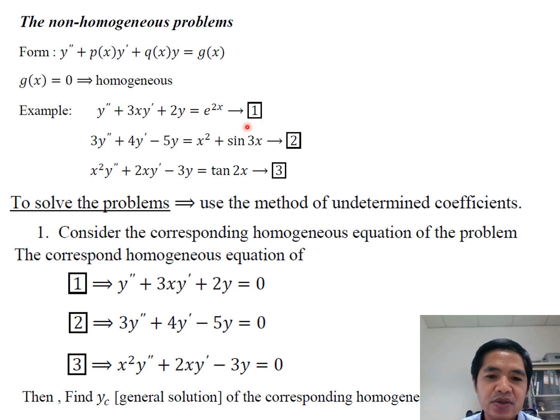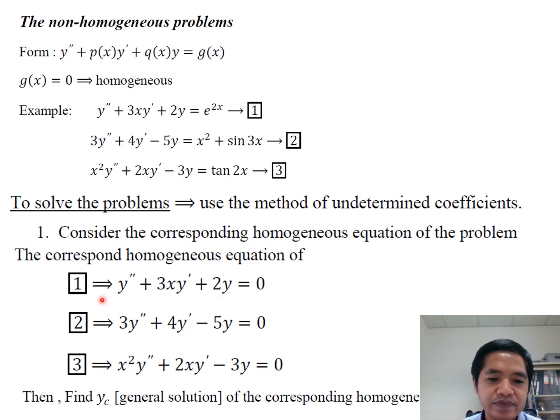For example, in the first equation, y double prime plus 3x y prime plus 2y equals e to the 2x, in the first step you just consider the left hand side, y double prime plus 3x y prime plus 2y equals 0, and solve this side first, using the same method as the previous section, the homogeneous equation.